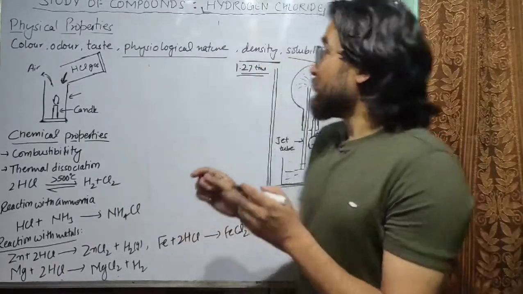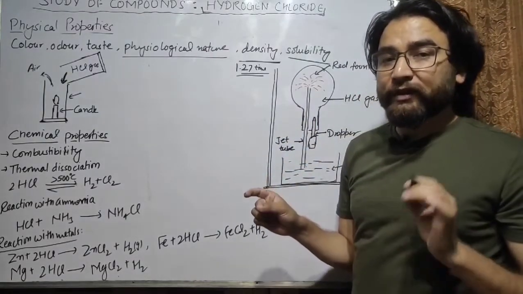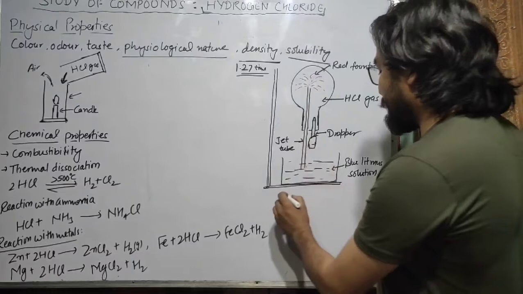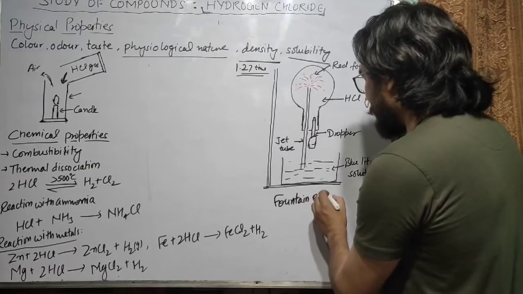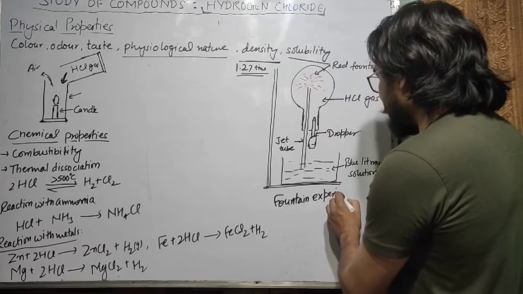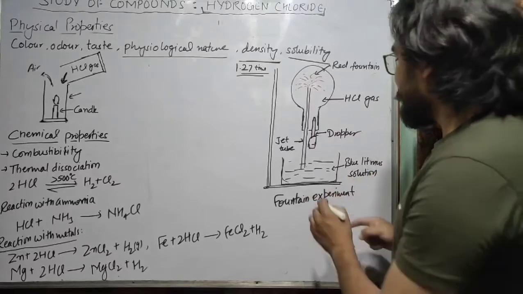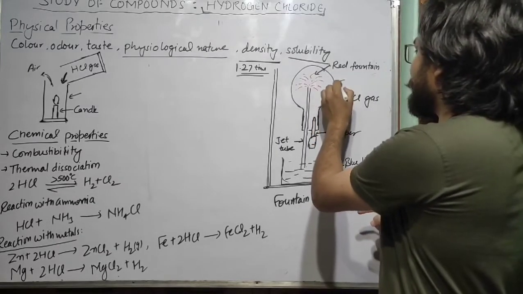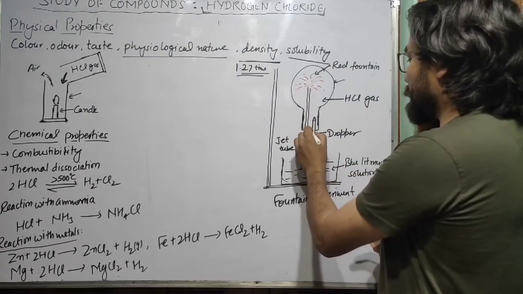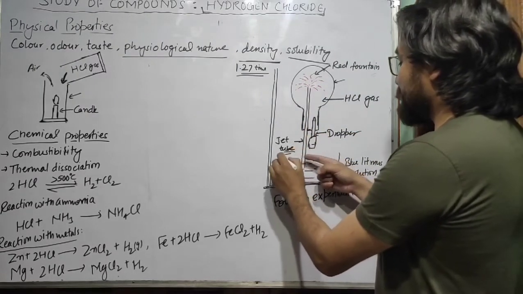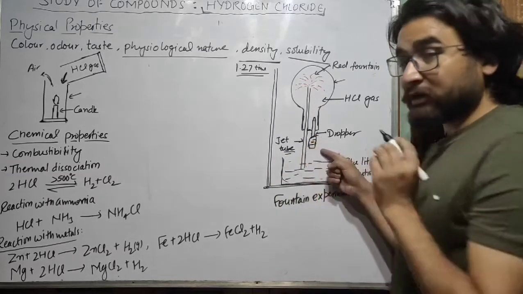The next is solubility. To prove the high solubility of HCl gas, we have an experiment called the fountain experiment. Why is it called the fountain experiment? Let's see. In this experiment we have a blue litmus solution, then we have an inverted round bottom flask, and there are two openings. One is for a jet tube and the other is for a dropper. This dropper is filled with water.